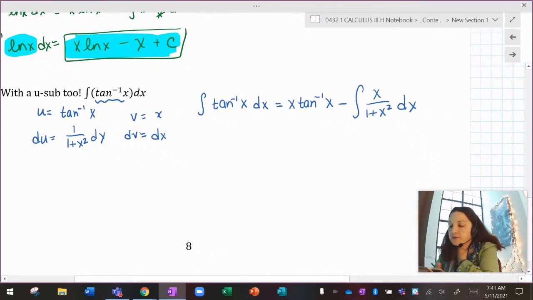And then I realize, oh, that second integral, it's pretty big. x over 1 plus x squared. Well, how can I take the antiderivative of that? Well, I have a quotient, and I got an x on the top and an x on the bottom. So let's try a u sub here. u could be the denominator, 1 plus x squared, which would make du 2x dx.